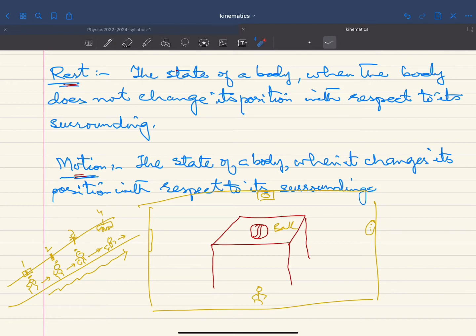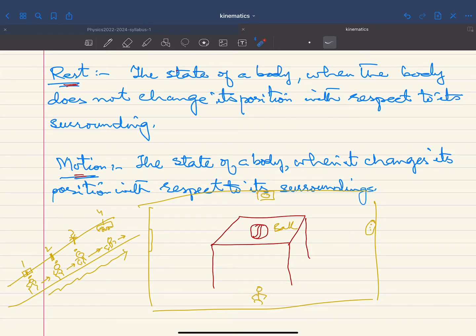Now, as I have already given you this example, even if the ball is at rest according to this surrounding, as soon as you change the surrounding, you will have a different situation. The room is at rest and all the surrounding objects are at rest, and the ball is at rest because the ball is not changing position according to these objects.